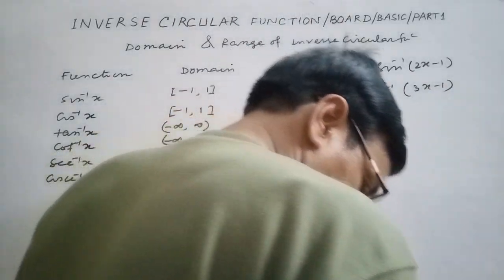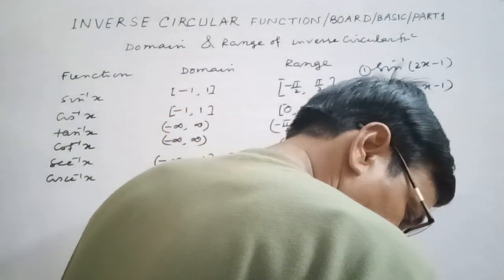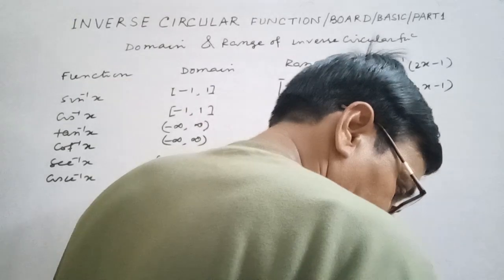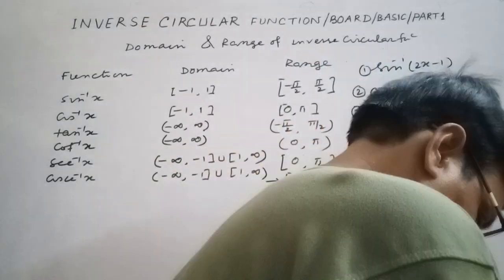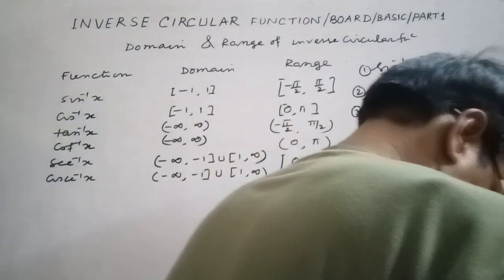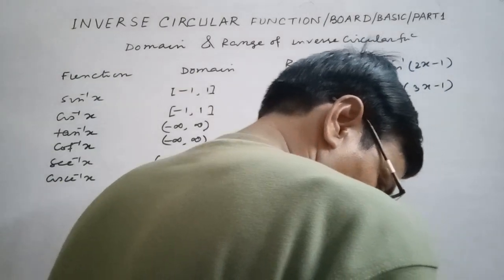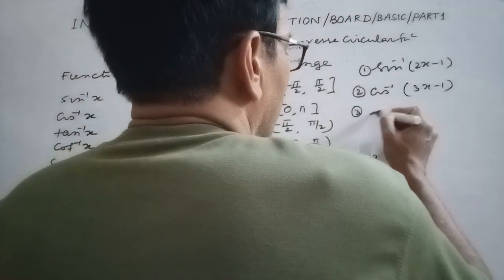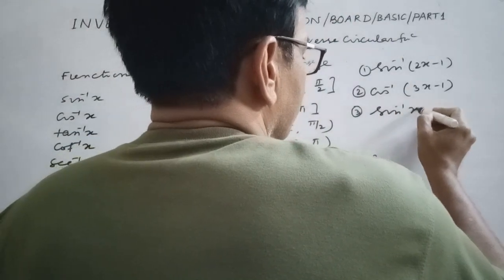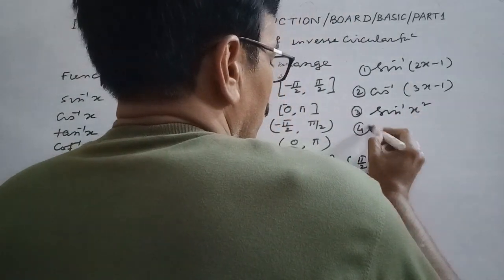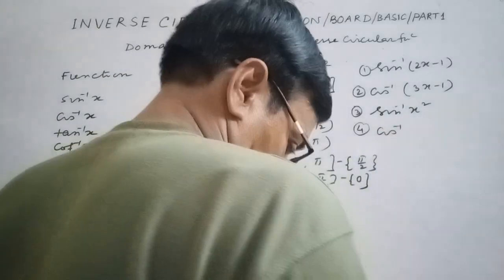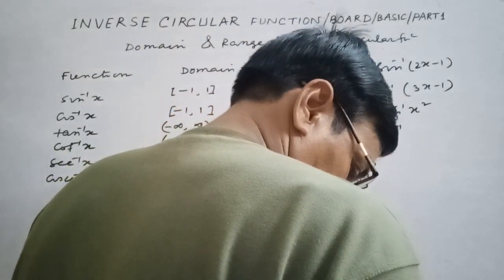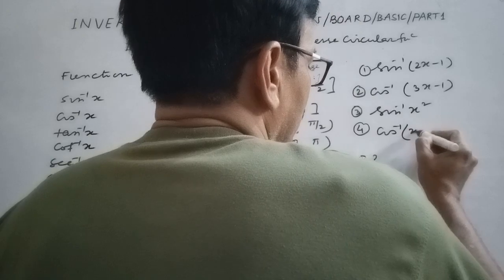Number 3, sine inverse of x square. Number 4, cos inverse of x square minus 4.